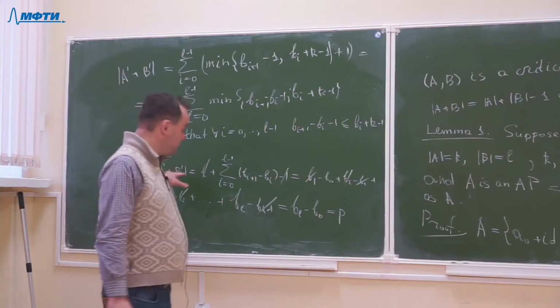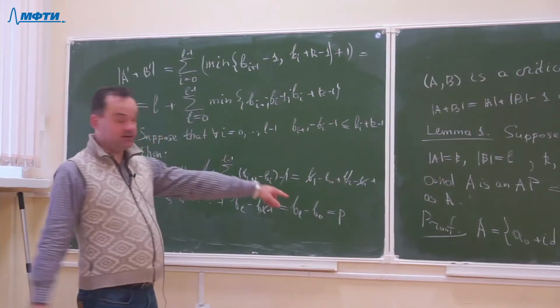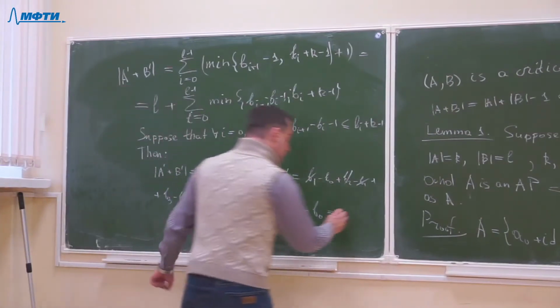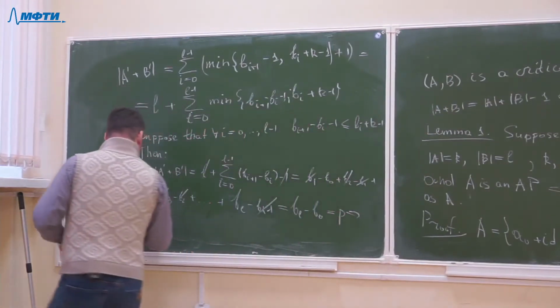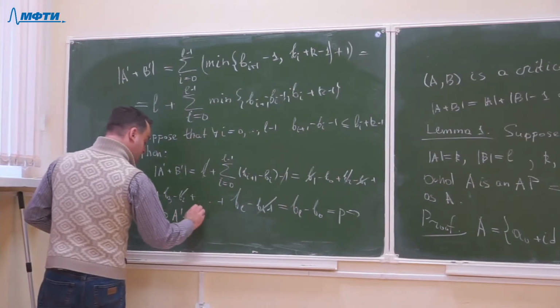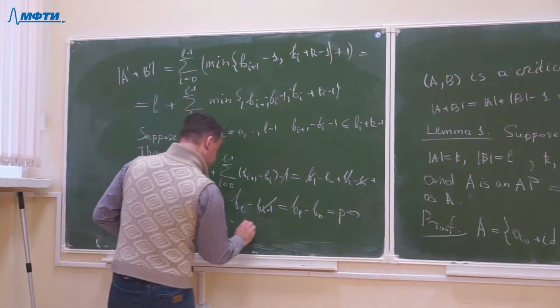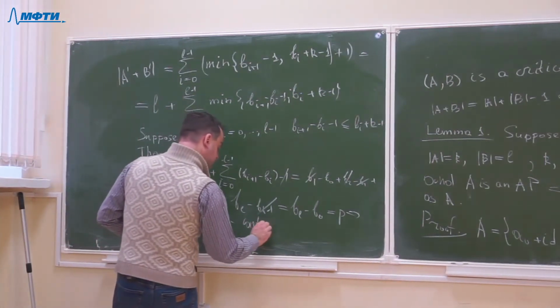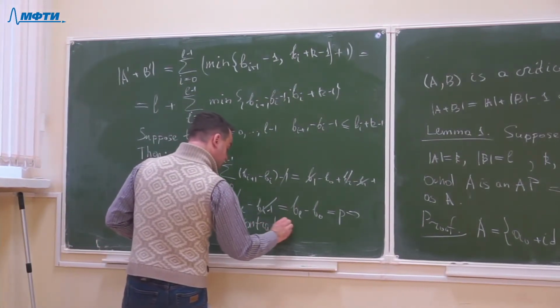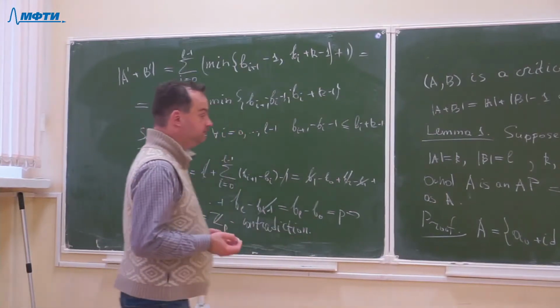So A prime plus B prime is not P, but we got that this is P. So A prime plus B prime equals P, and this is a contradiction. Okay, next.